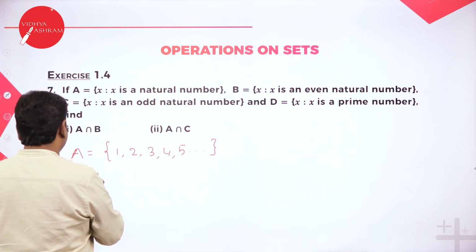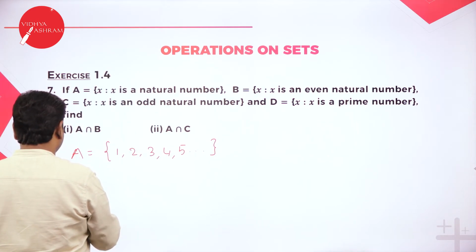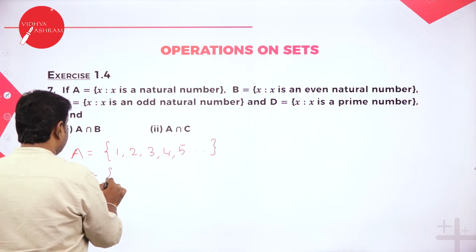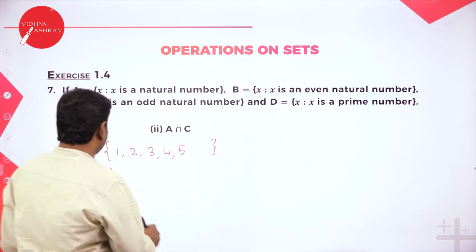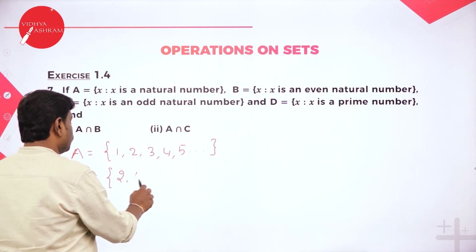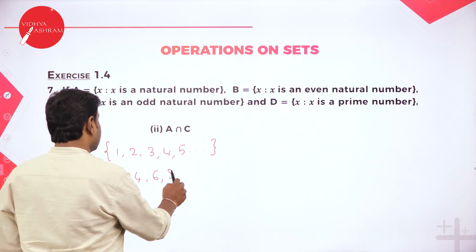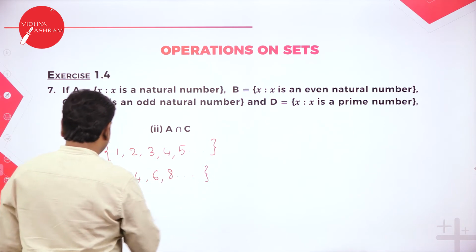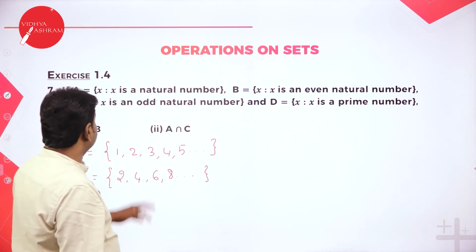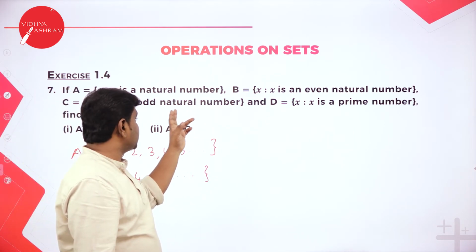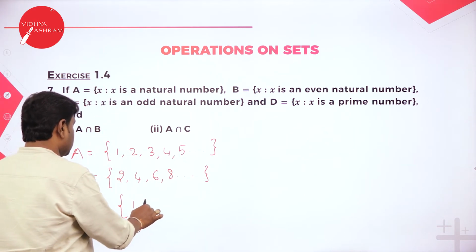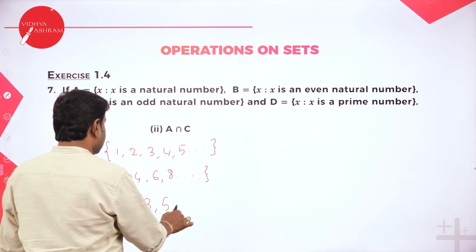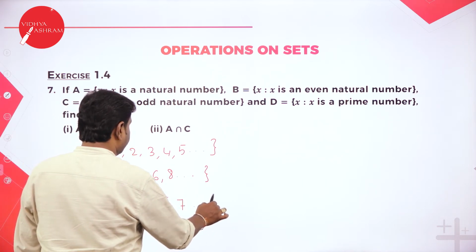B is X such that X is an even natural number: 2, 4, 6, 8, and so on. C is X such that X is an odd natural number: 1, 3, 5, 7, and so on.